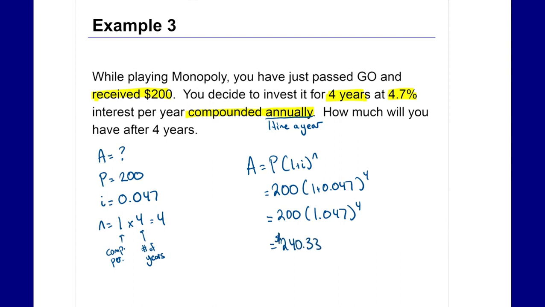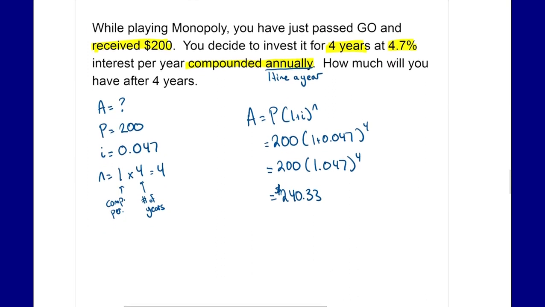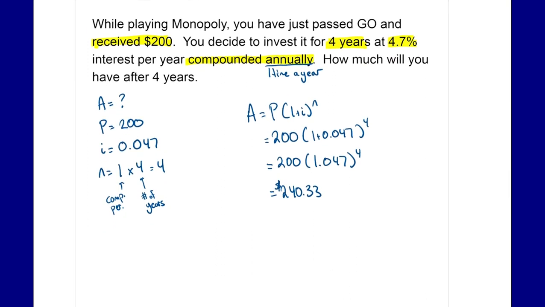So that means after 4 years, our future amount is $240.33. Now, keep in mind that's not how much you gain. You don't add $240.33. That's the future amount. So the actual interest, if the question were to ask that, is $40.33. So after 4 years, you would earn $40 on top of your $200 that you put in.